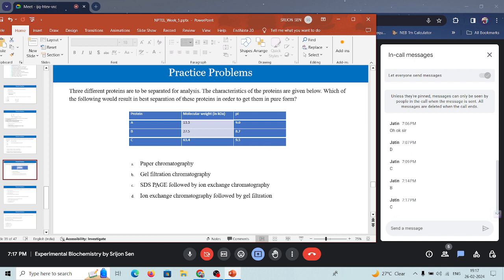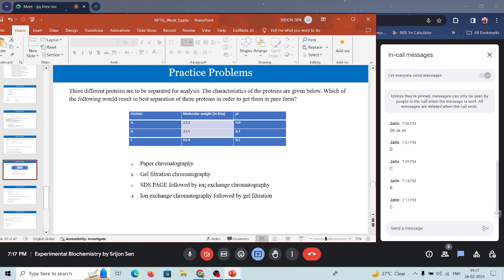No. When you're performing an SDS-PAGE, we do not know whether protein B or protein C is a dimer or a tetramer of protein A, because you see this 13.3 times 2 is 26.6, and when you multiply it by 4 it is 53, or 52. Okay. So fine enough, you can do a size exclusion, SDS-PAGE, but followed by ion exchange chromatography.